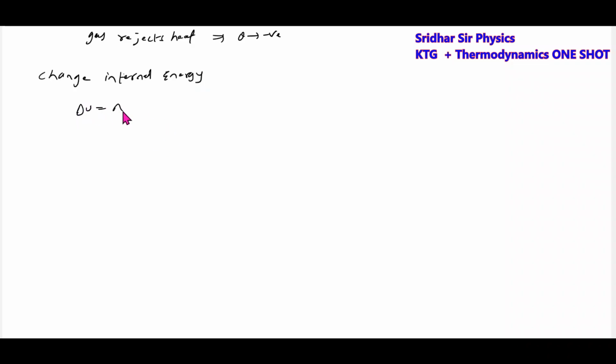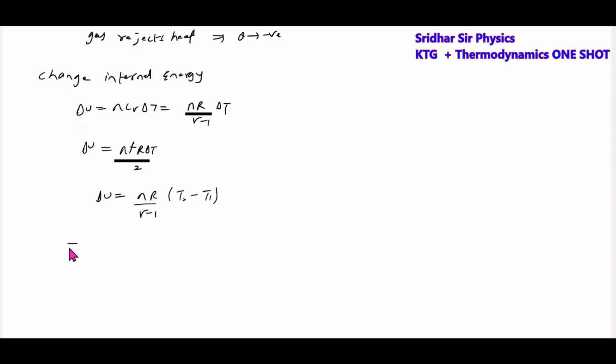Delta U equal to nCv delta T, or nR by gamma minus 1 delta T, or nfR delta T by 2. These are formulas. Further, this will become nR by gamma minus 1 times T2 minus T1, and the change is a state function.